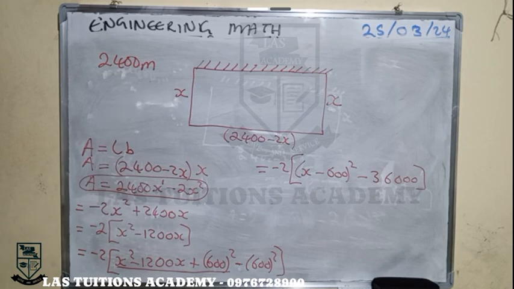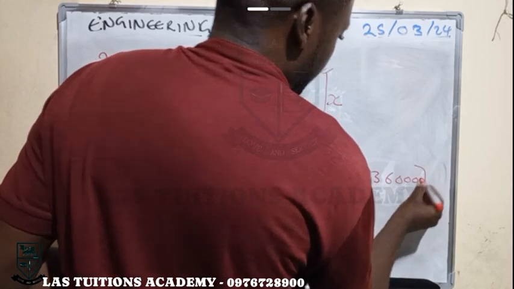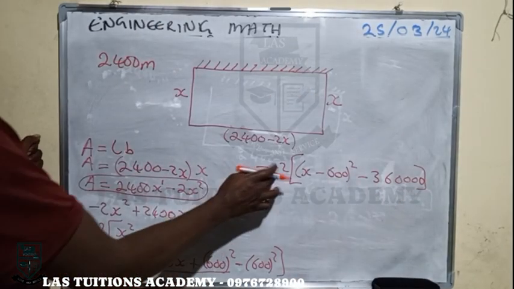Is it 360,000 or 36,000? It's 360,000. 360,000, right? Yes. So now we can multiply back our negative 2.